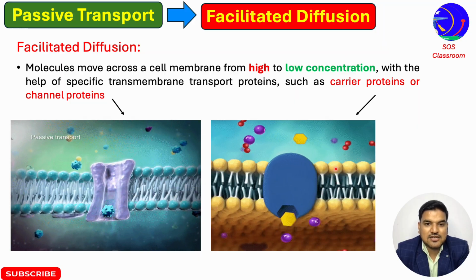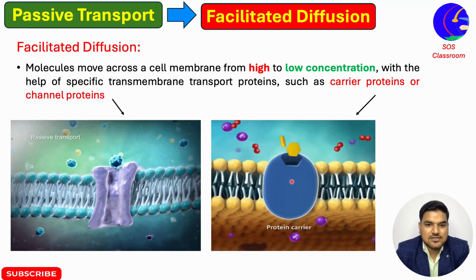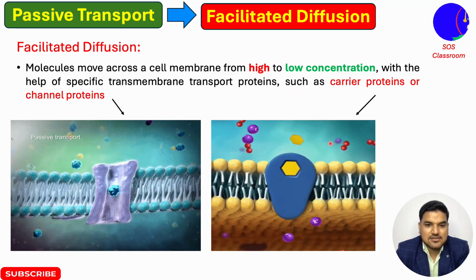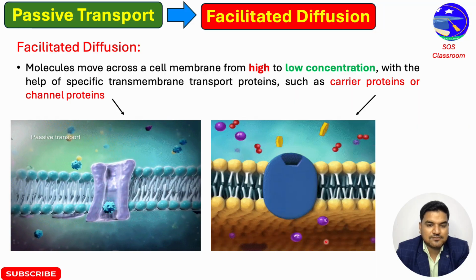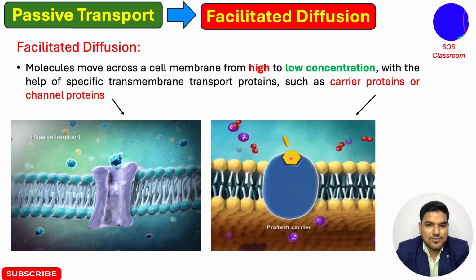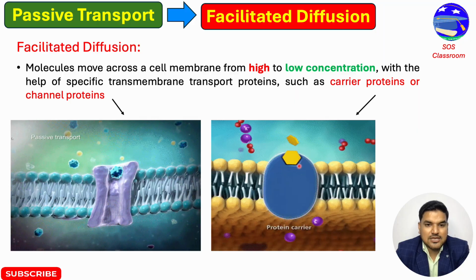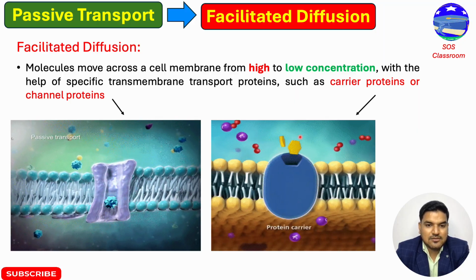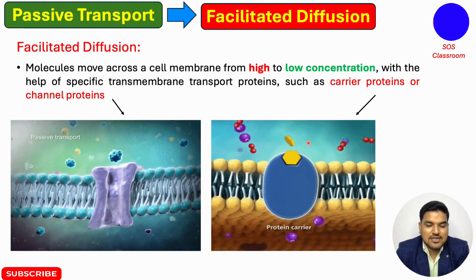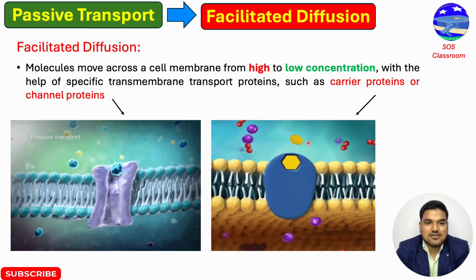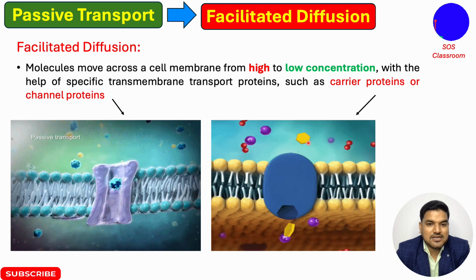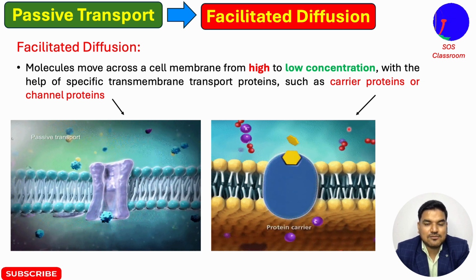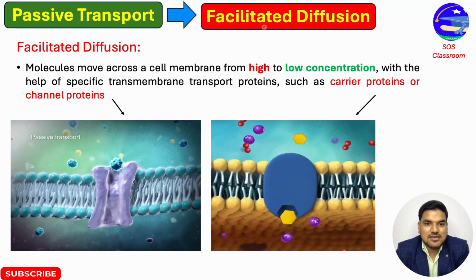And the other protein is the carrier protein. You can see this is the carrier protein and this is the plasma membrane. This is the extracellular fluid and this is the intracellular fluid. When special types of molecules attach to the protein, the protein changes its structure and transfers the molecules from the external environment to the internal environment. So these are special proteins present in the plasma membrane, and this special type of diffusion is called facilitated diffusion.